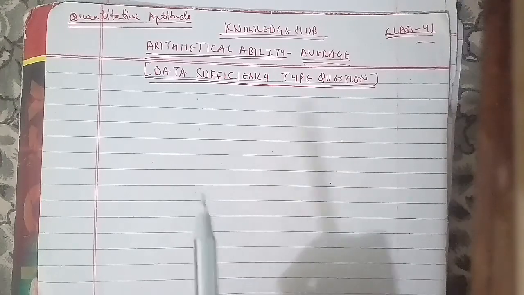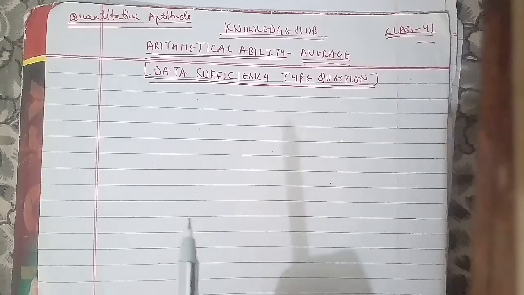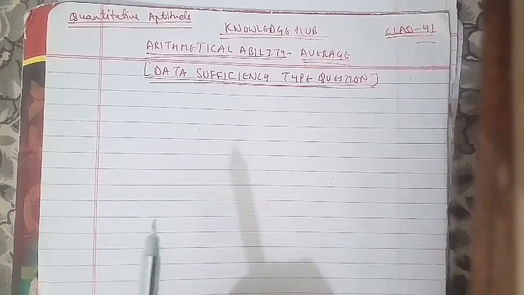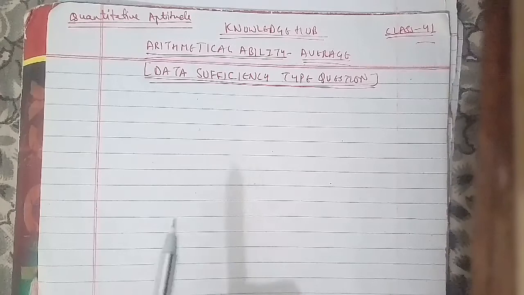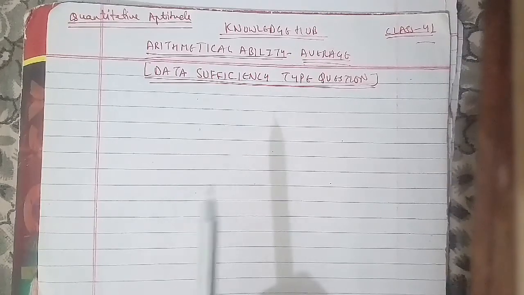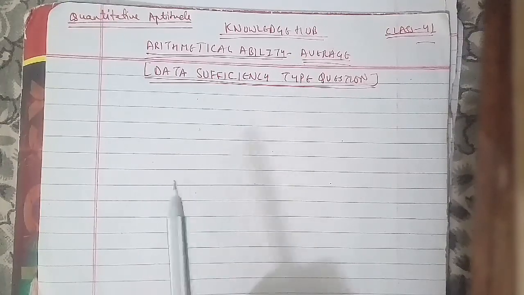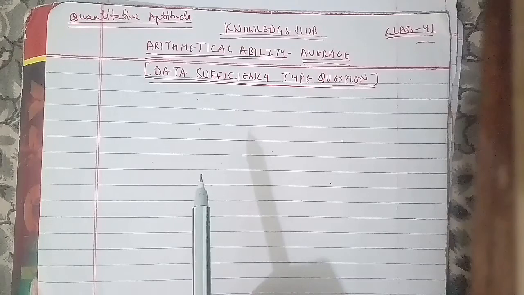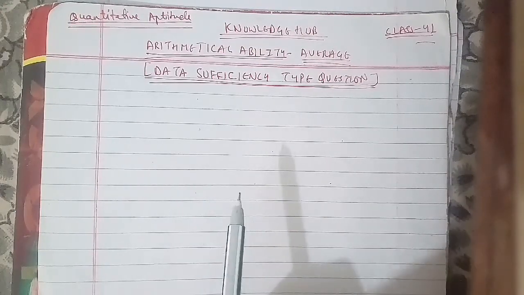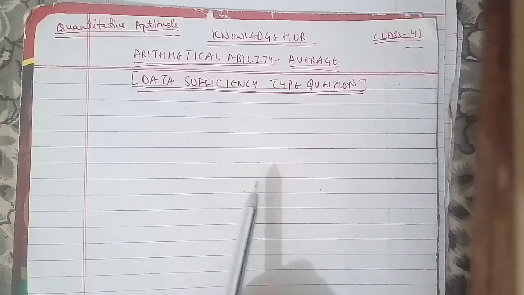Choose B if the data in statement 2 alone are sufficient to answer the question, while the data in statement 1 alone are not sufficient.